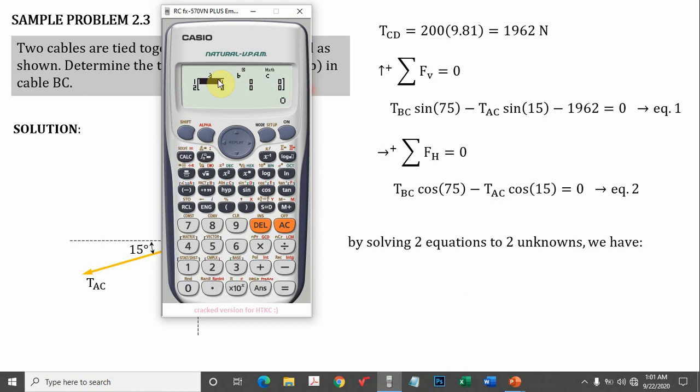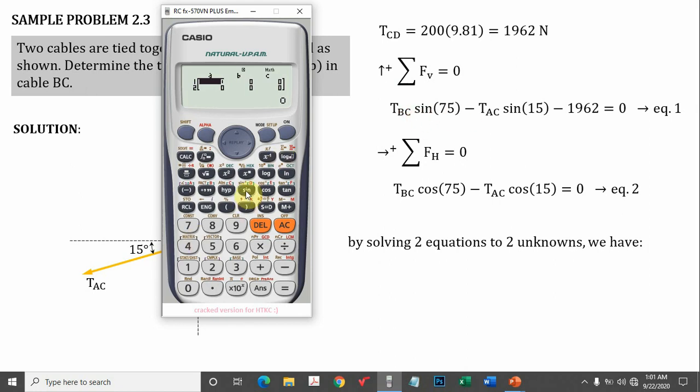Okay? Yung A. Okay, so yung A is constant ng X. So we assume that X natin is tension BC, at yung Y natin is tension AC. Okay, so in the first equation, ano yung constant ng tension BC, and that is sine 75.